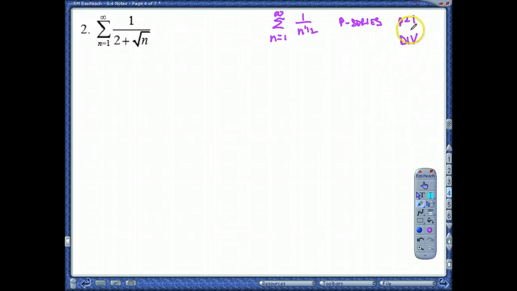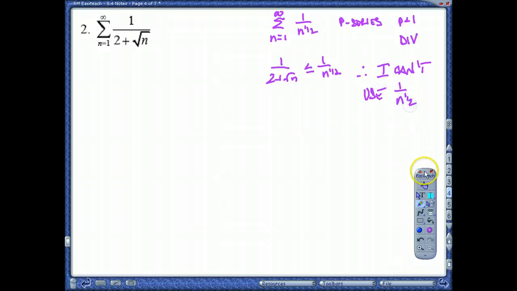But when I look at this guy diverges, so this function I'm comparing it to should be smaller. But wait a minute, my function 1 over 2 plus square root of n is less than or equal to 1 over square root of n. So to say that the bigger guy diverges, the smaller guy does too, well, not necessarily. Therefore I can't use this series.